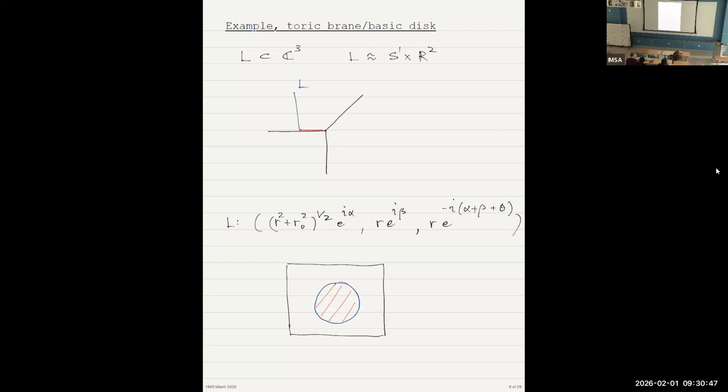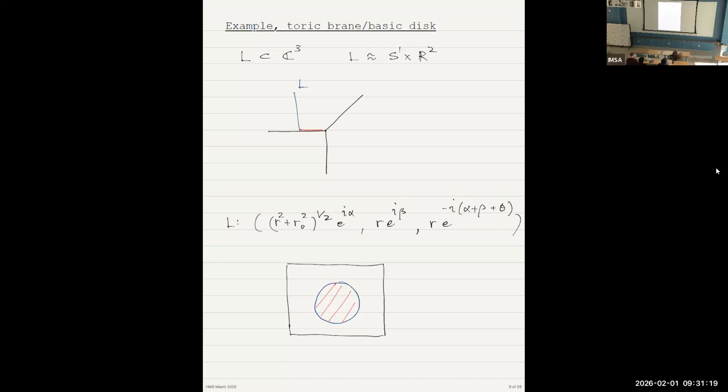So here you see the toric picture, where you have a Lagrangian solid torus inside C3, and there is a formula there for those who never saw it. And from the formula, or from the toric picture, depending on which you like, it's very clear that for this Lagrangian, if you look in the first coordinate there is this single disk, the red one, that sits on this Lagrangian. And that is the only holomorphic object ending on this Lagrangian, also not so hard to check.